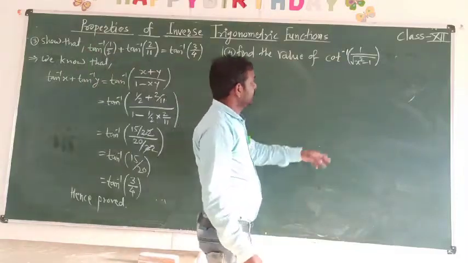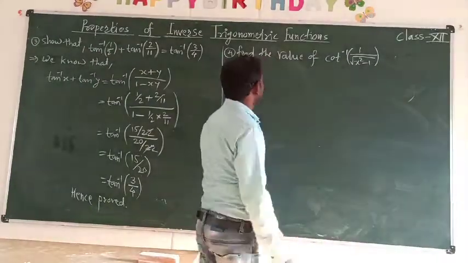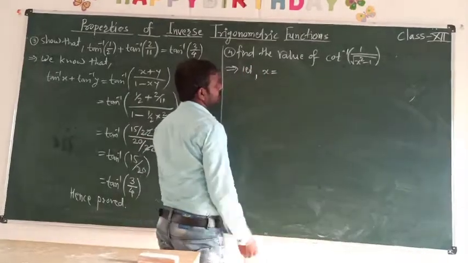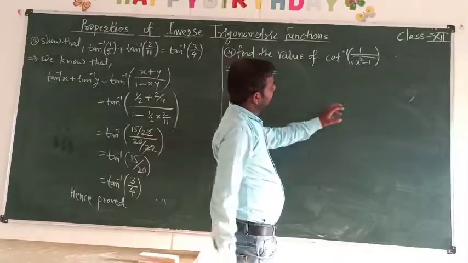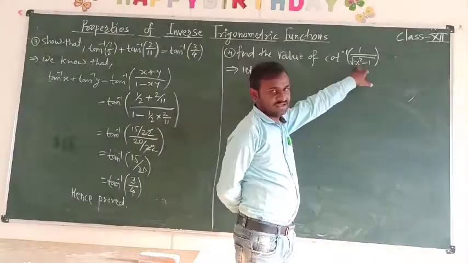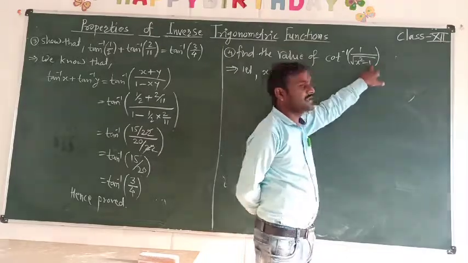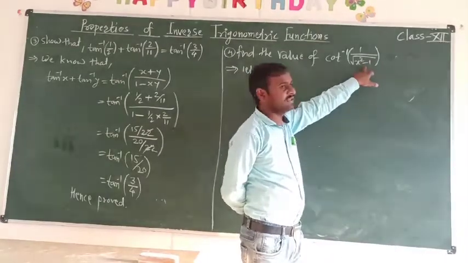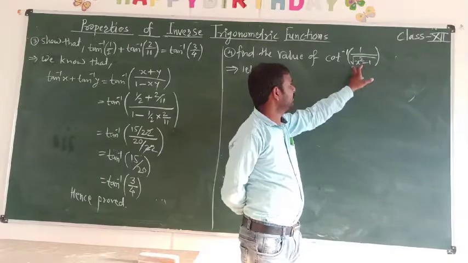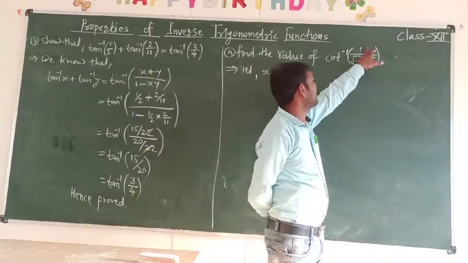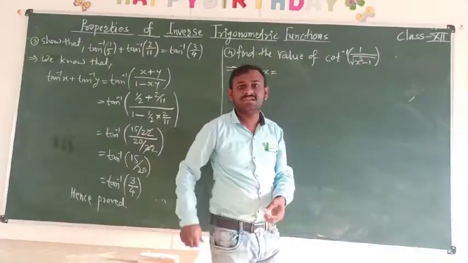So for that function we put here, let x equal to sec theta. Then we get sec square theta minus 1, which is tan square theta. Root of tan square theta means tan theta. So we get 1 upon tan theta, and 1 upon tan means cot.